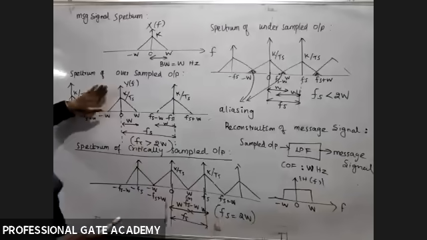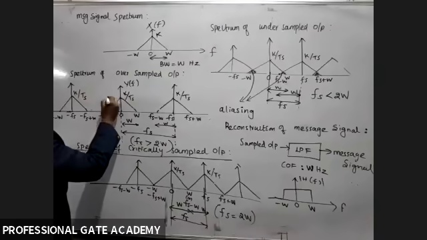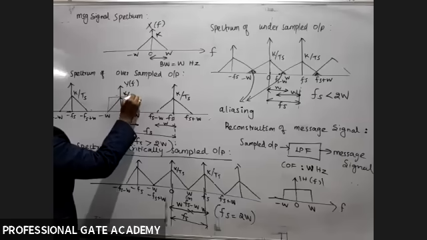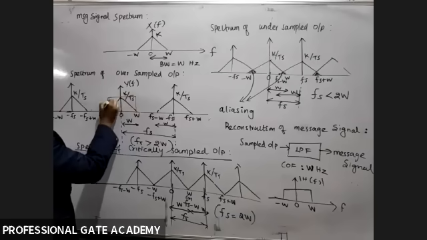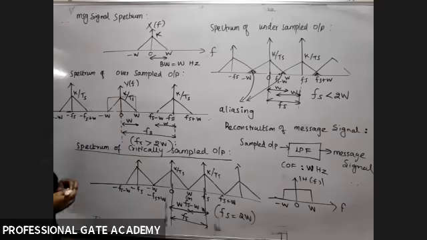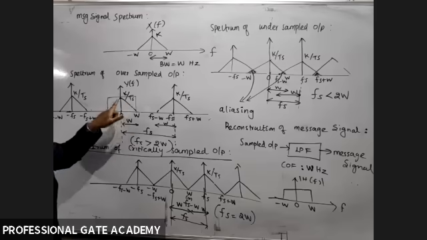Now see, this is the oversampled output. Now this is the ideal low pass filter. When this sampled output is passed through the ideal low pass filter whose cutoff frequency is W, what will be the output of the filter?